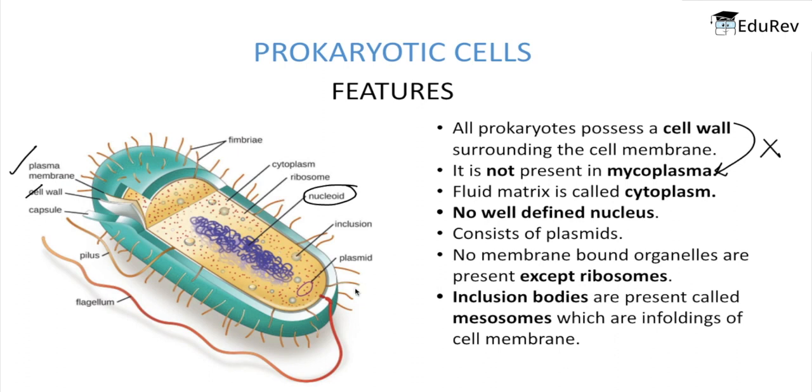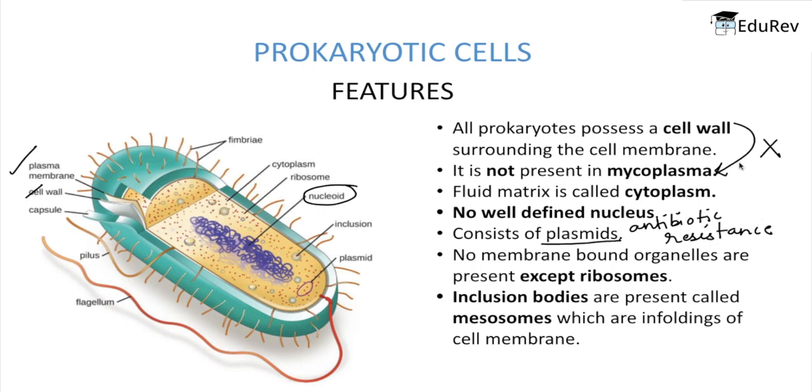Here is another small circular structure present in the cytoplasm called plasmids, and it gives an advantage to the bacteria, as it provides antibiotic resistance for this bacterial cell.